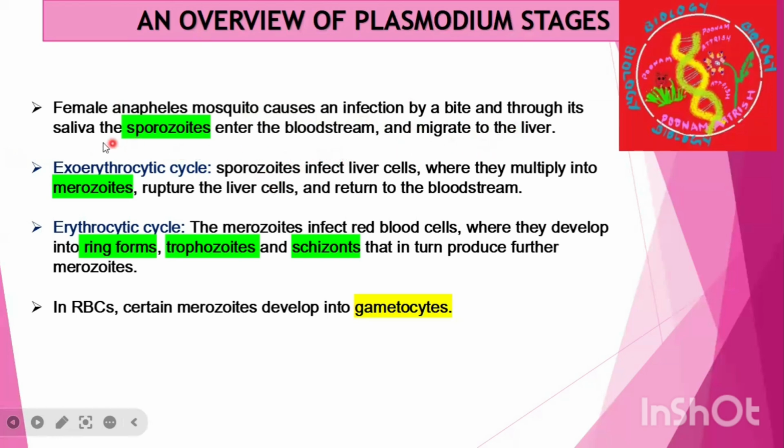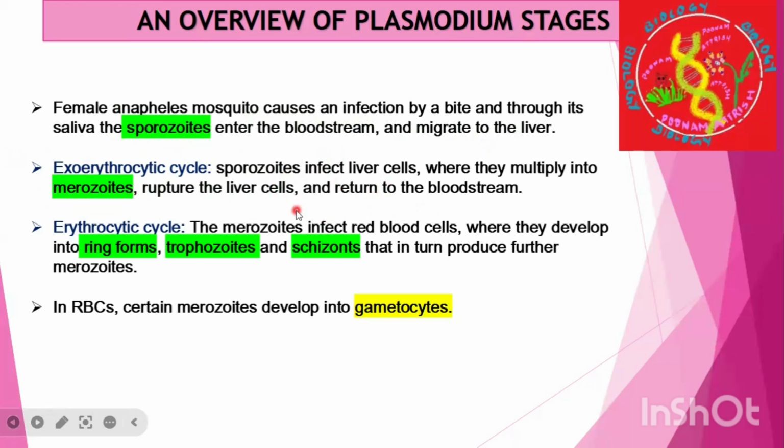Now in the liver, the exoerythrocytic cycle occurs where sporozoites infect liver cells. They keep on multiplying and burst the liver cell and come out as merozoites. Now merozoites from the liver cell enter into the bloodstream.